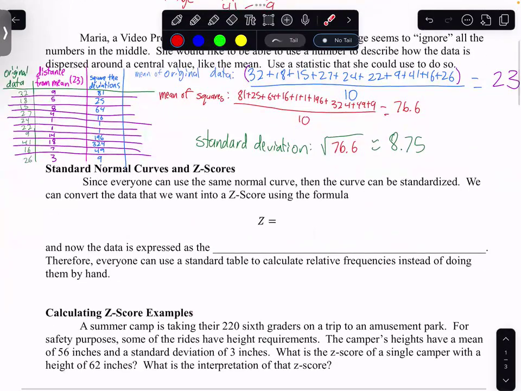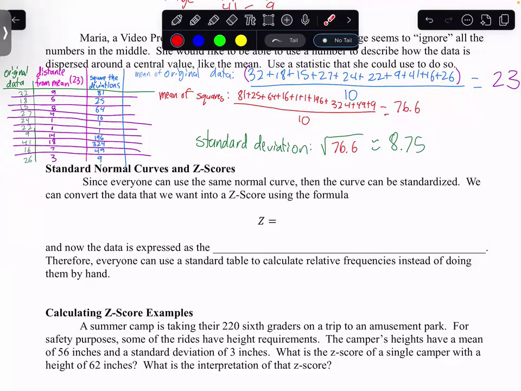Okay, so a nice thing about the standard deviation and what's called the normal curve or bell curve or Gaussian curve is you can use it to compare different things against each other, even if their values are different.